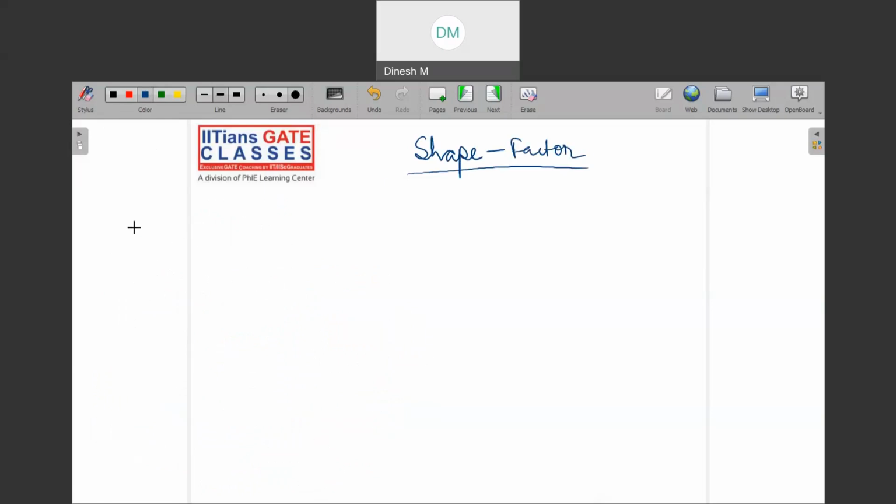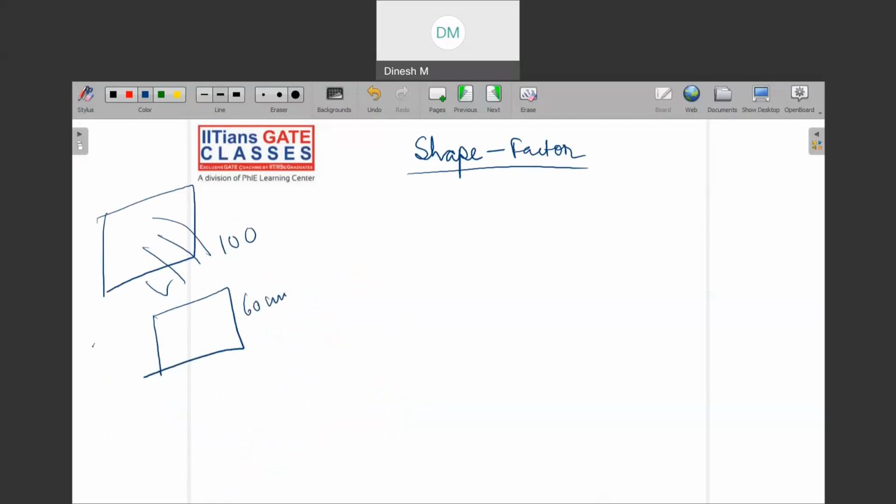Let me draw the bodies again. Let us say there is body 1 and another body 2. Let us say this body is emitting 100 units, and out of these 100 units, let me say 60 units started from 1 and reached 2.